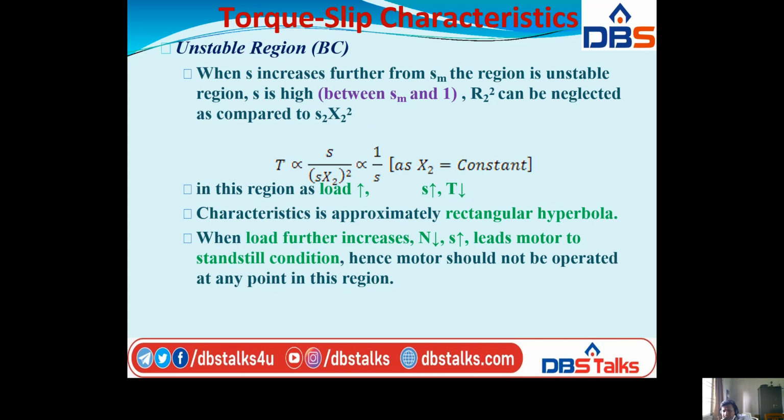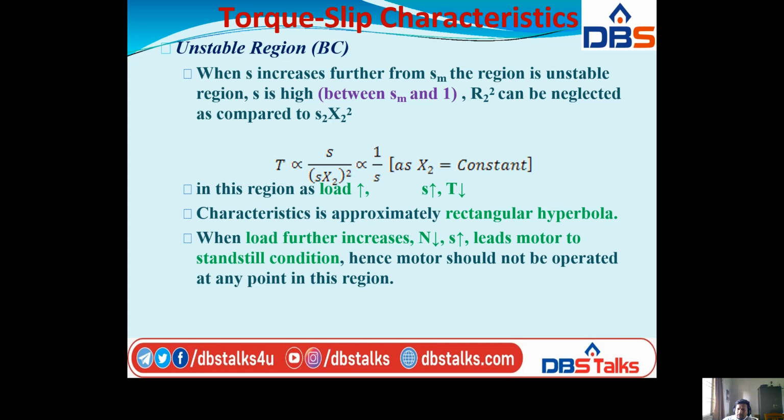Unstable region: when we increase further from Sm, the region is unstable. Why? Because the slip value is very high and the S X2 square term is very high compared to R2 square. That means R2 square is very small, so R2 square is neglected.